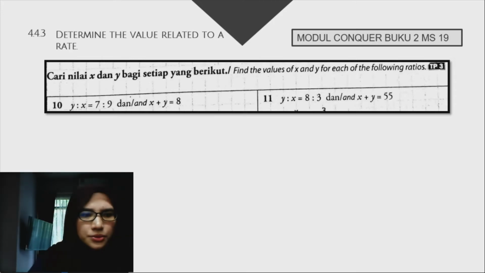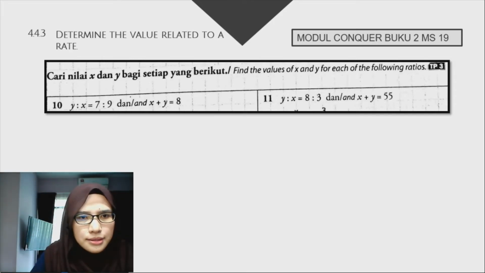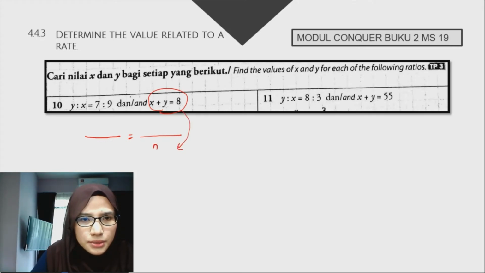Here you can calculate x plus y, so we get prepared with our proportion, left hand side and right hand side. x plus y is 8, we write down here, and we want to find either x or y, so it doesn't matter, we can use x first.